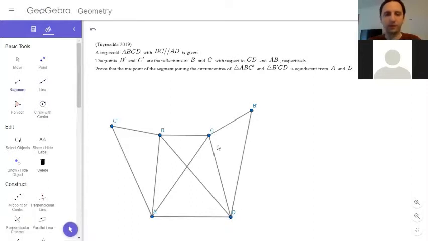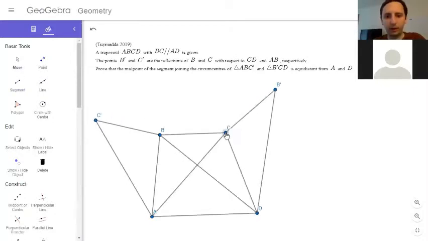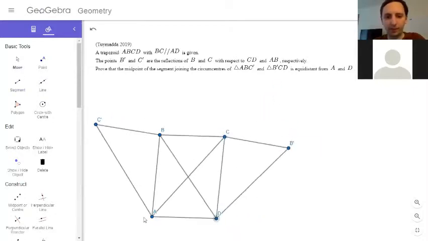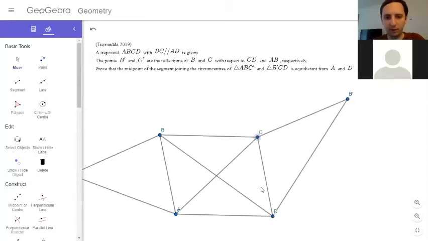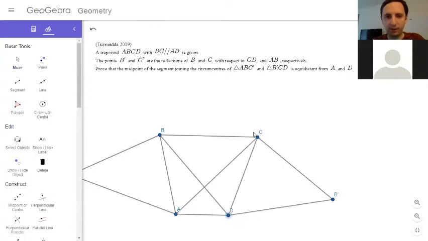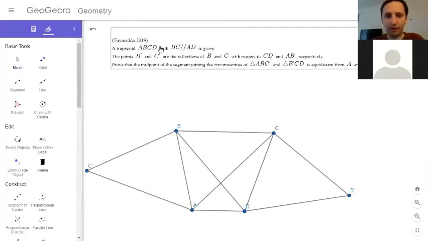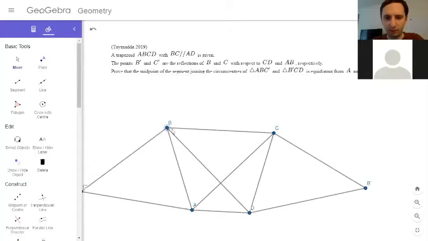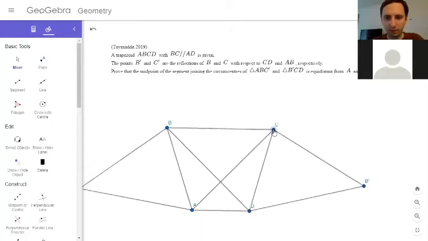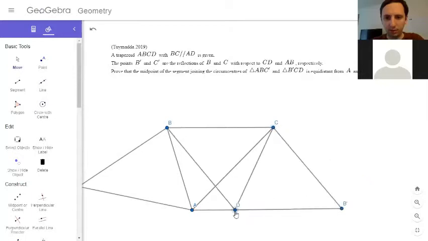B prime CD. Maybe it might look better if BC was longer than AB. So, what if I feel like that might look a little more elegant, but what do you think?